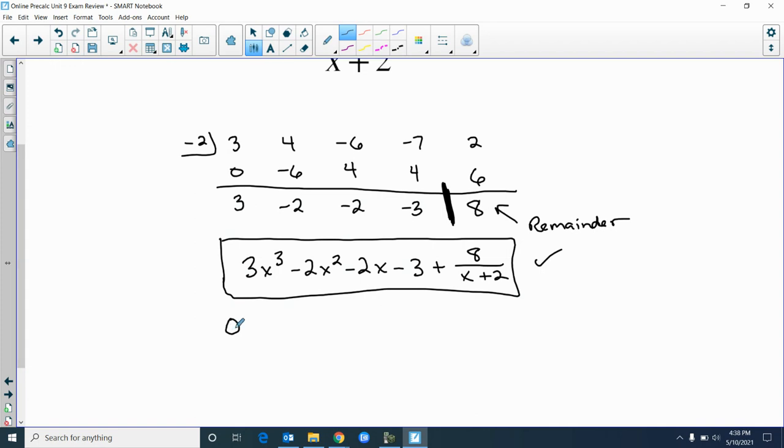If you're ever asked what the quotient is, that's just going to be 3x cubed minus 2x squared minus 2x minus 3. And then our remainder is 8. Okay.